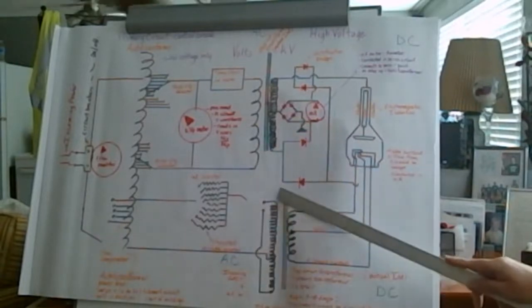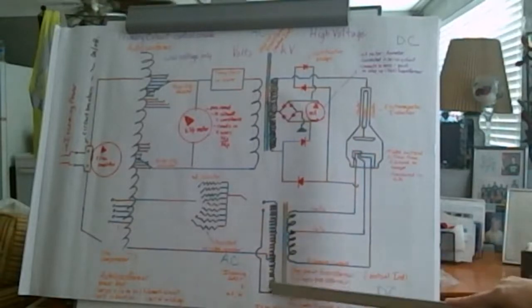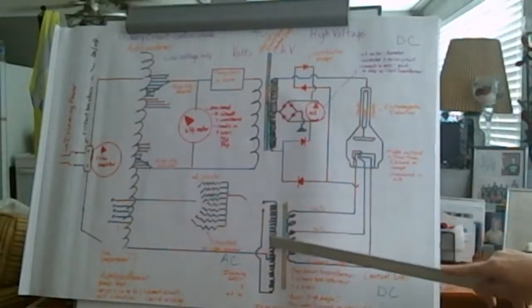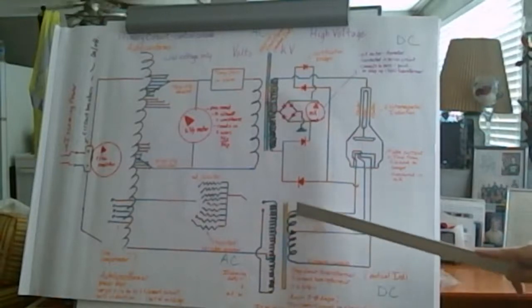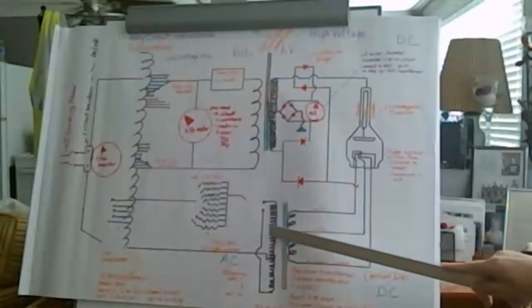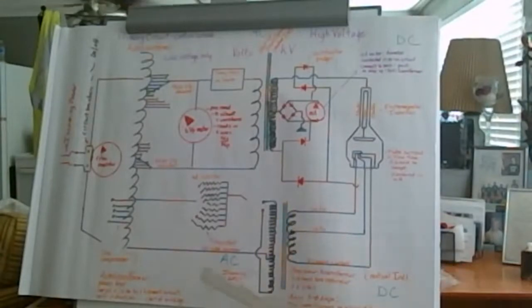So alternating current comes up to here. If you notice here, these are your windings on your primary side. On this side, I have a whole lot of windings, and on this side, I have very few windings. That's why this is considered a step down, okay? So I said the incoming voltage was 220.